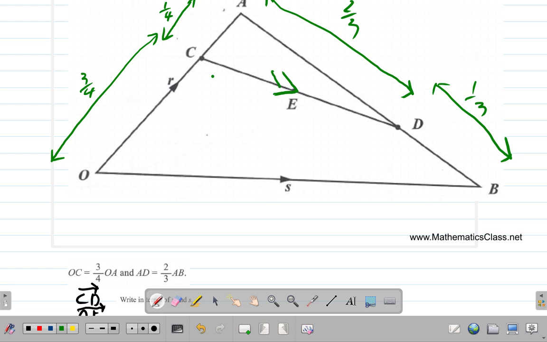Now, I'm going to put two arrows on the resultant. Remember the resultant? When you add two vectors, the answer you get is called the resultant, just like when you add two numbers, the answer you get is called the sum. The resultant means you can walk from C directly to D.